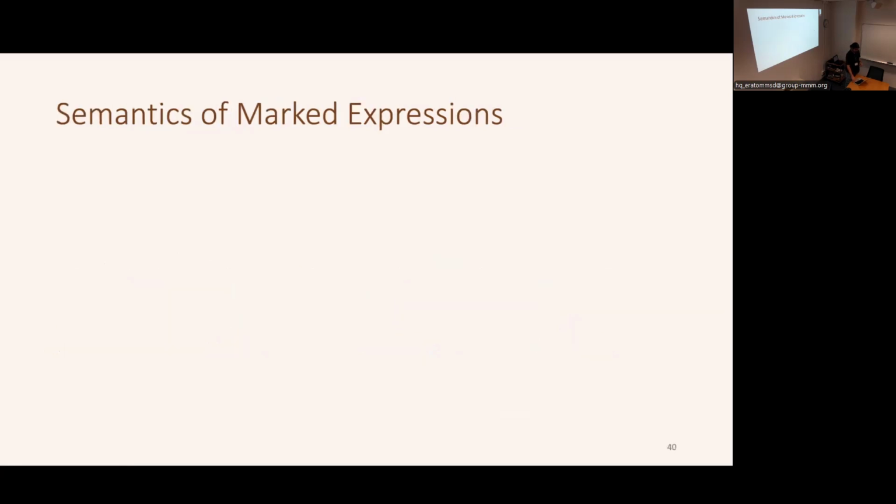So the next question is how should we understand the semantics of these objects? Of course, these are like NFAs, but we don't want to define NFAs because we already did that in part 1, and hopefully we can have something cleaner for this part.